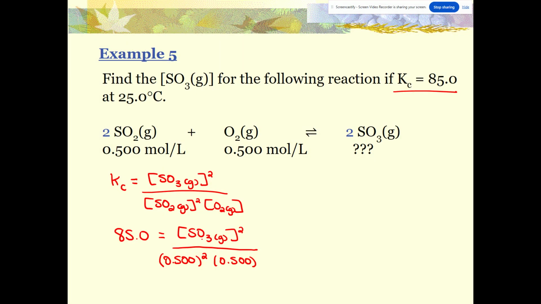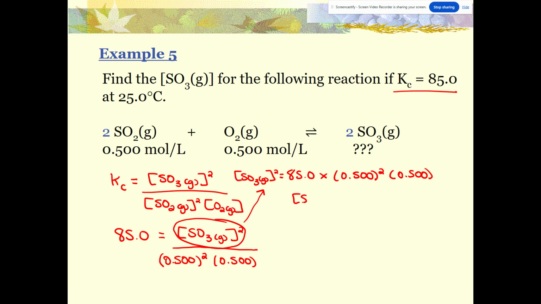So now to solve for SO3, I need to take my 85.0 and multiply it by 0.500 squared times 0.500. And that's going to give me my SO3 squared. Okay, if I rearrange for SO3 squared, it's going to be 85 times those two numbers. So 85 times 0.5 squared times 0.5 gives me a number. Again, this is my SO3 squared, right? It's raised to the power of 2.